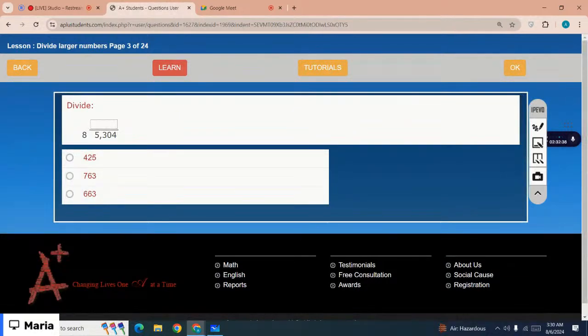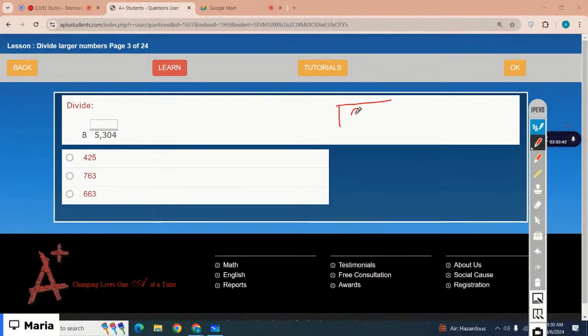Next one is 5,304 divided by 8. So you need to count the table of 8 until 53. So 8 times what number?